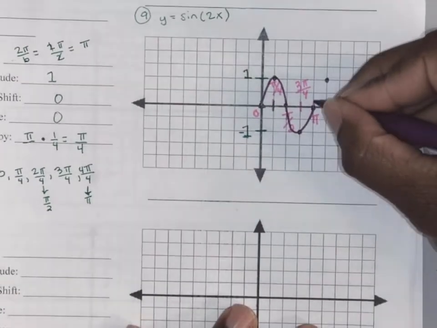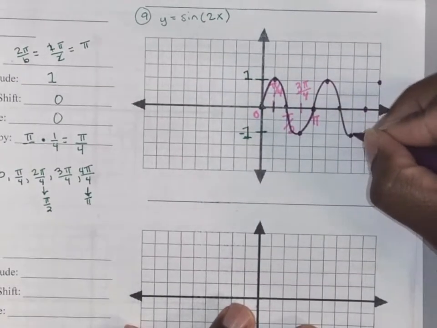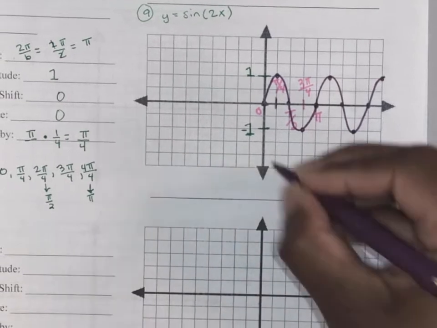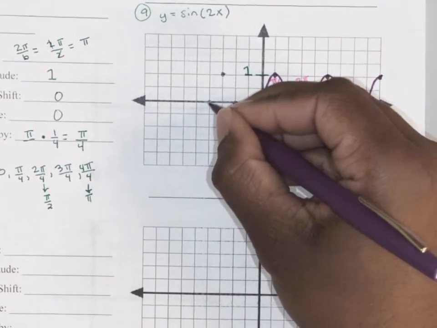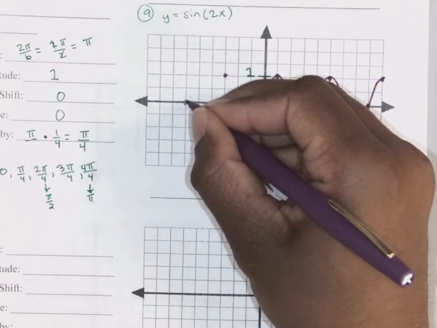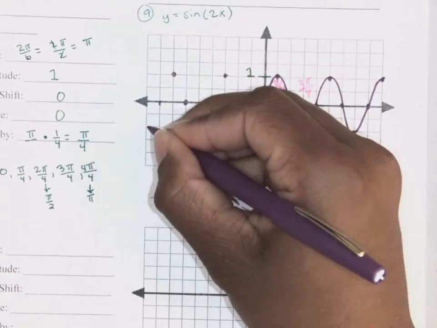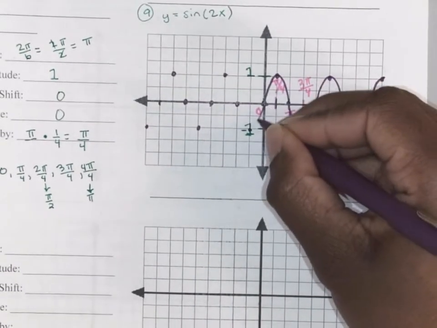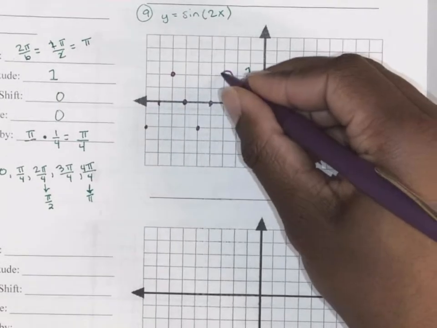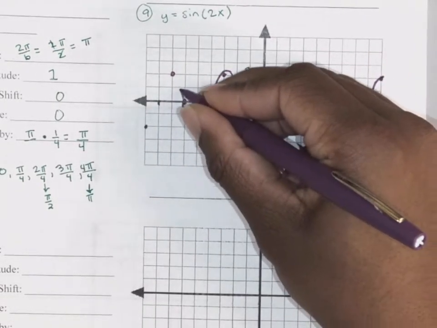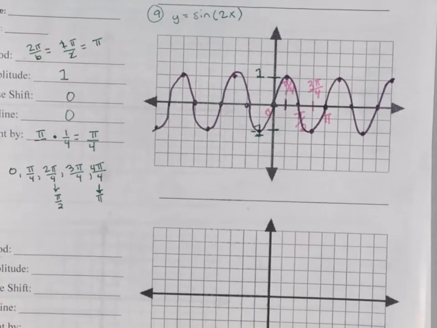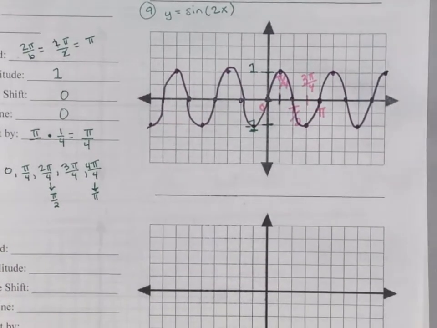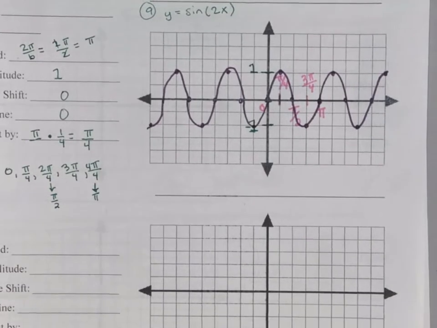And then I'll keep graphing it through the space that I have. And I also need to do it to the left. If you don't finish drawing your graph in all the space that you have, points will be counted off. So just don't be lazy. A graph should go through the whole graphing area. Alright, and that is y equals sine 2x.